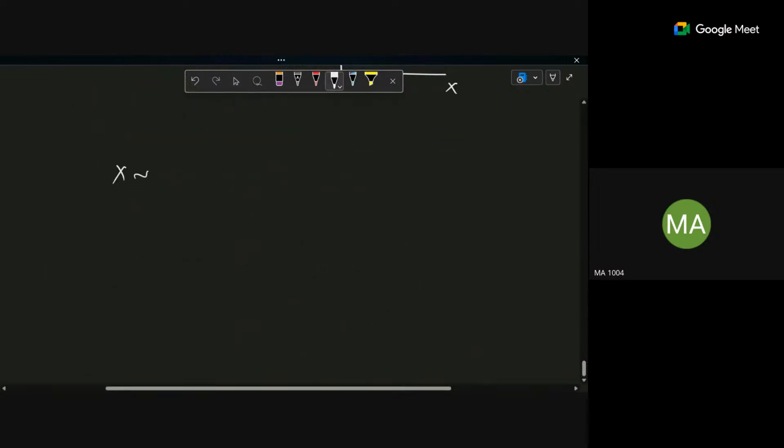So, x is uniform distribution over minus 3 to 1, and y is equal to x square. We are interested in finding CDF or PDF. Let's say CDF of y. So, first task is to always find whatever you have, that is the distribution of x.